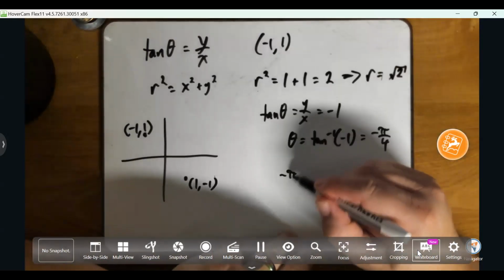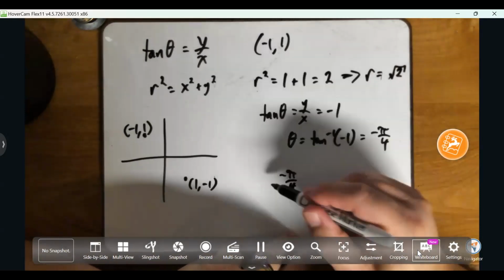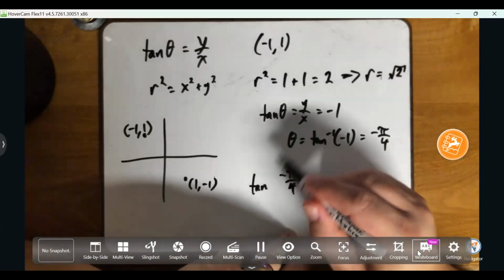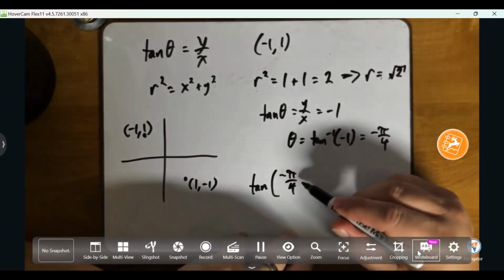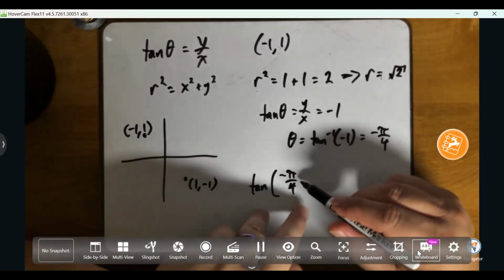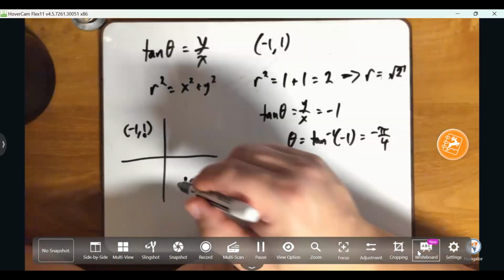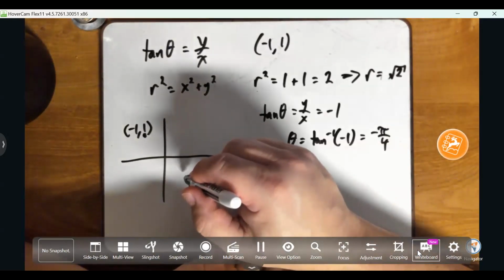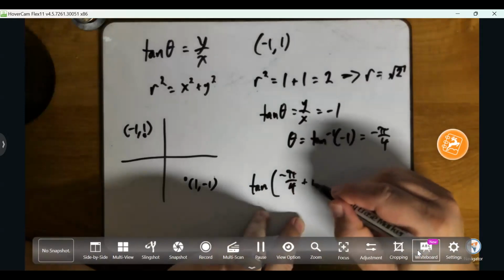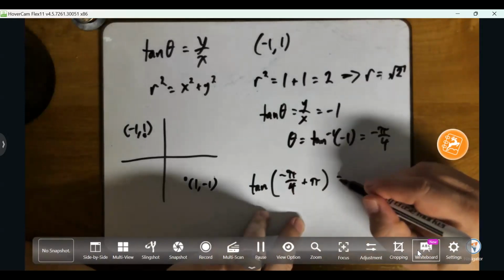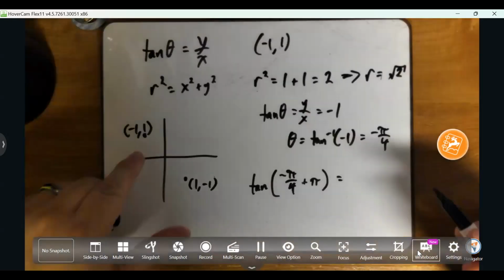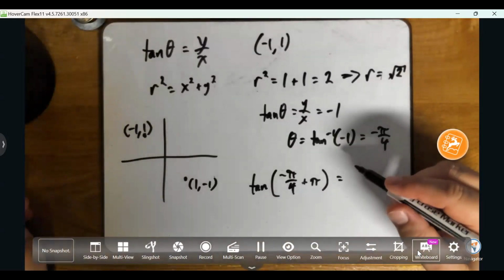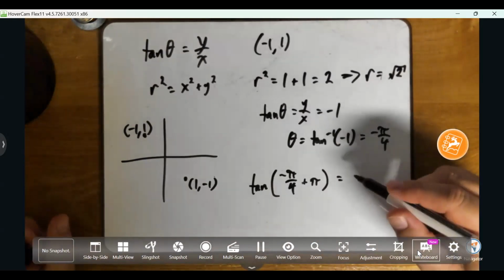What we need is the tangent of theta to equal minus 1. Tangent of minus pi over 4 equals minus 1, sure, but that's not the angle we need. If we just add pi to it, that's going to put me back in the quadrant I need to be, and so that's going to be the correct answer.